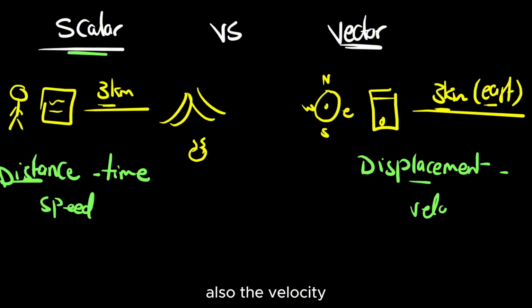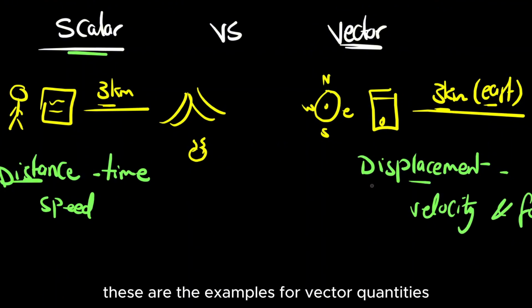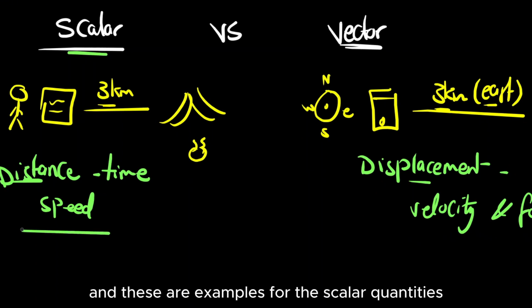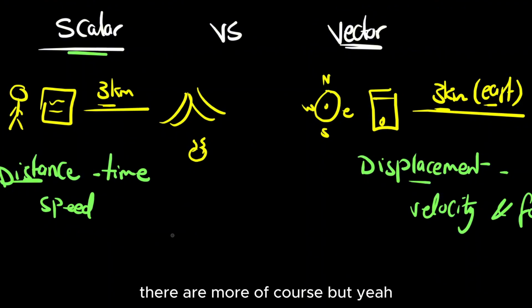Also the velocity and force. These are the examples for vector quantities, and these are examples for the scalar quantities. There are more, of course, but we're going to know more later on.